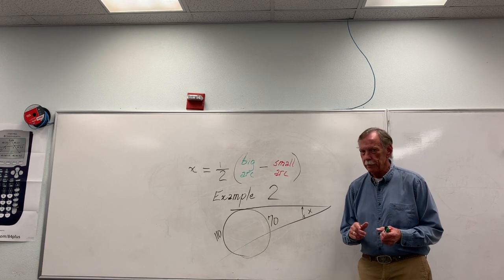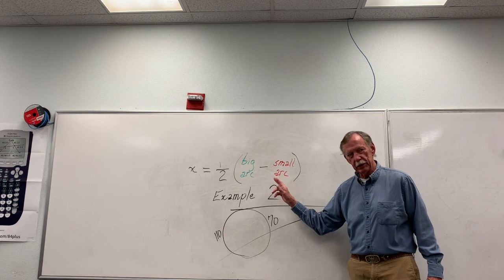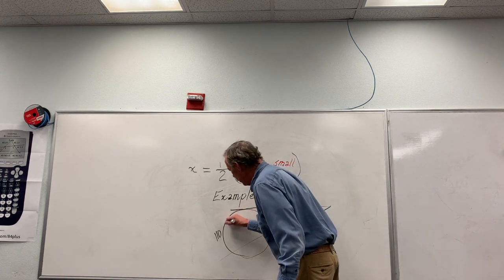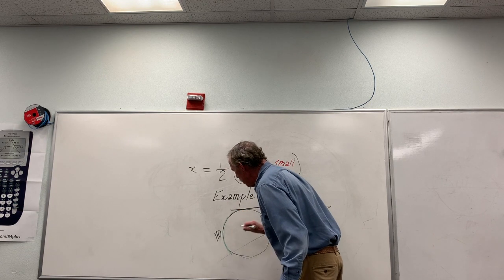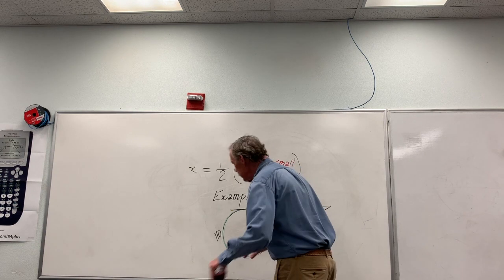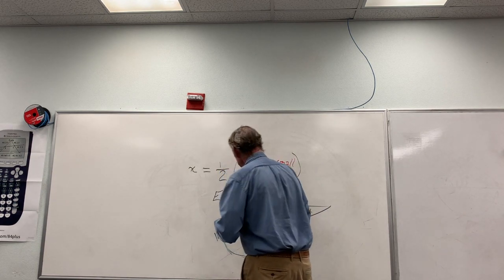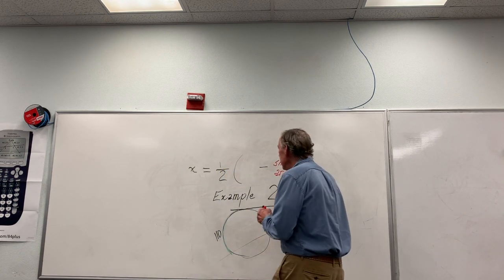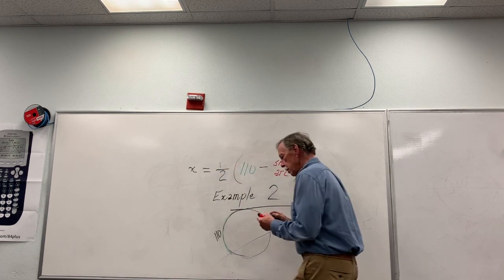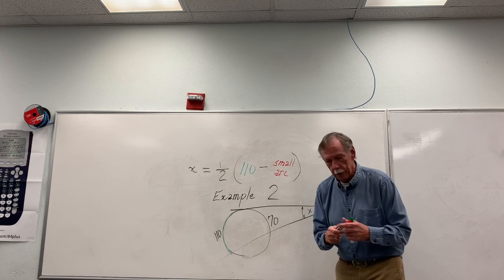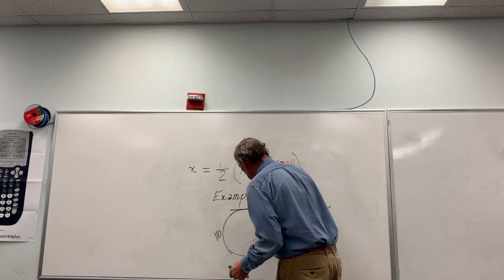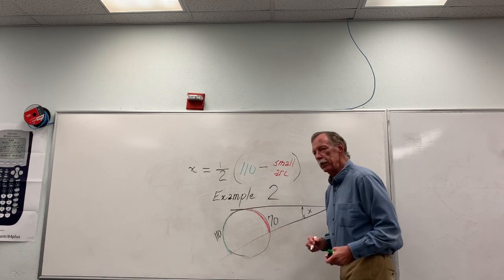Don't get creative. Use the basic equation. That's your beginning point. The big arc in this is 110. The small arc is 70.